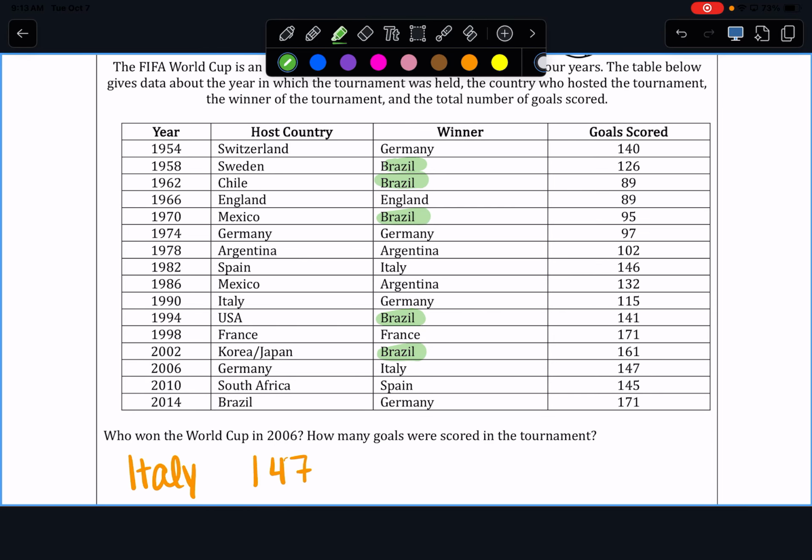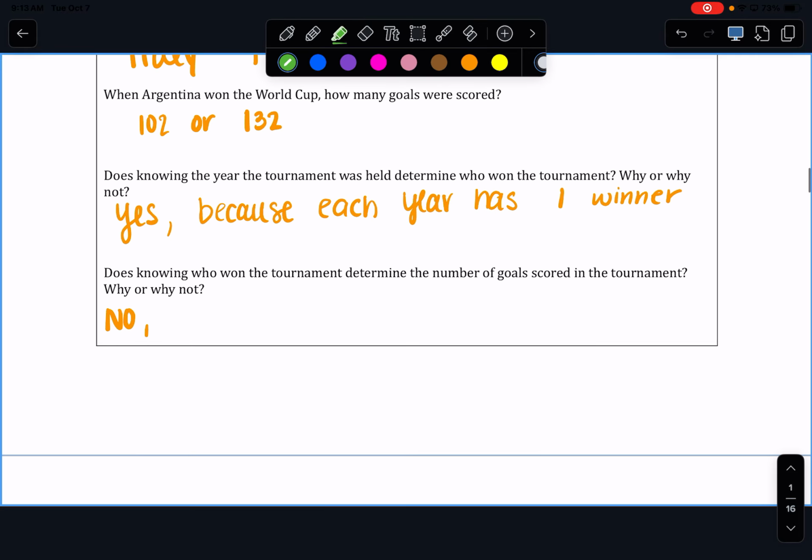So would there be any way for you to know which time I was talking about? No. Okay, it's not unique. So we're going to say no because teams can win more than once. If your answer is not the exact same as mine, it's okay as long as it's in the same idea.